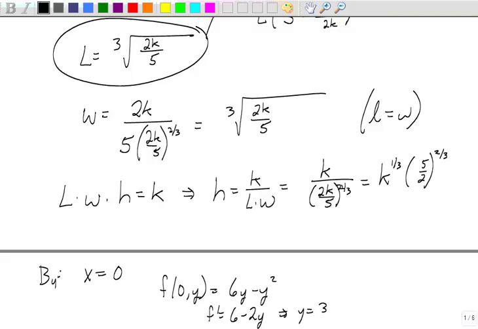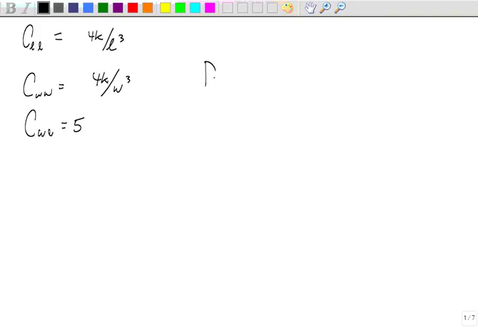Now we're going to check this. So C_LL is 4K over L cubed. C_WW is 4K over W cubed, and C_WL is 5. So D is 4K over L cubed times 4K over W cubed minus 5.